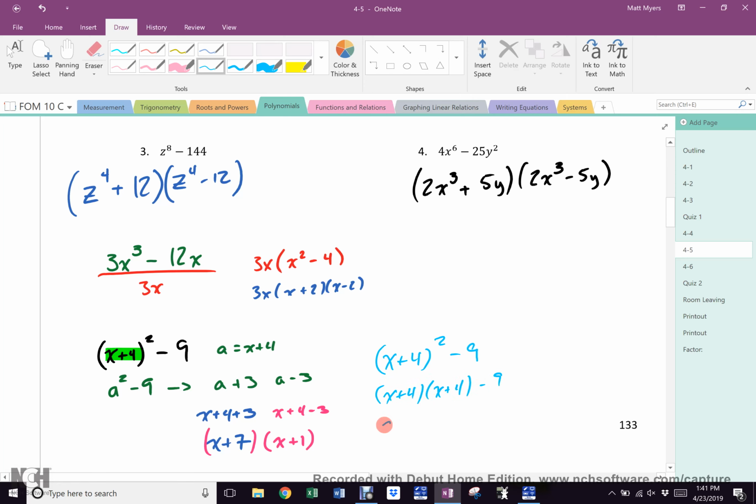Sure I can. That would get me x squared plus 8x plus 16 minus 9, correct? And what is 16 minus 9? 7. And that factors, numbers that multiply to 7 and add to 8, are x plus 7 and x plus 1. Did I get the same answer? Which way was faster?